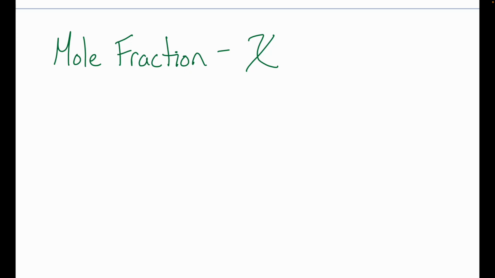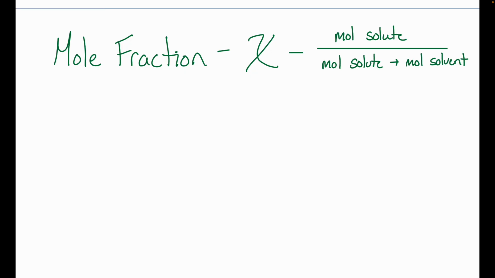All right, and this stands for moles of solute over moles solute plus moles solvent. Full stop. No times 100 or anything like that. So it's very similar to a percent mass that we were talking about, but without that factor. And importantly, you're leaving things in units of moles.